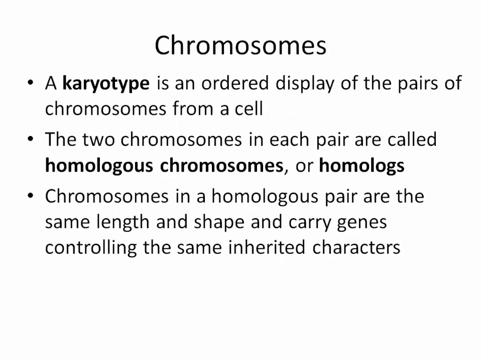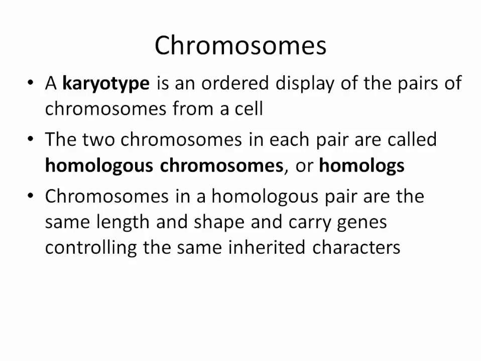And so what we are going to look at are the actual things that do this work. That would be the chromosomes. The chromosomes carry all the genetic material. When they're about to divide in cell division, that's when they become visible, and that is known as the karyotype, which is an ordered display of the pairs of chromosomes in a cell.